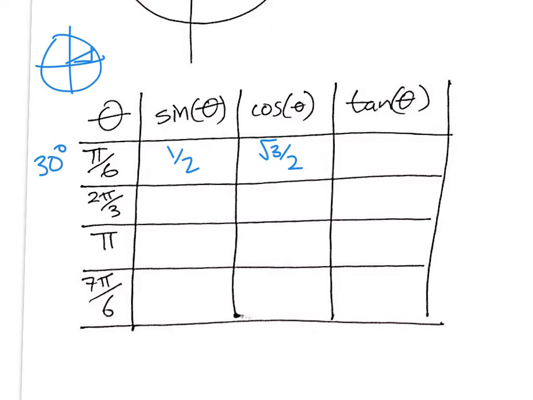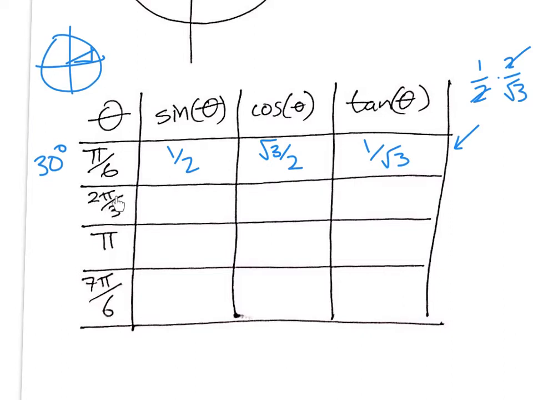If you don't really know how to get those yet, you should probably re-watch parts 1, 2, and 3. But if you get that, great. Tangent, then, we just say sine over cosine, so 1/2 over root 3 over 2, and dividing by a fraction is the same as multiplying by the reciprocal. I'm skipping a step there, and so the 2's would cancel, and we would get 1 over square root 3.